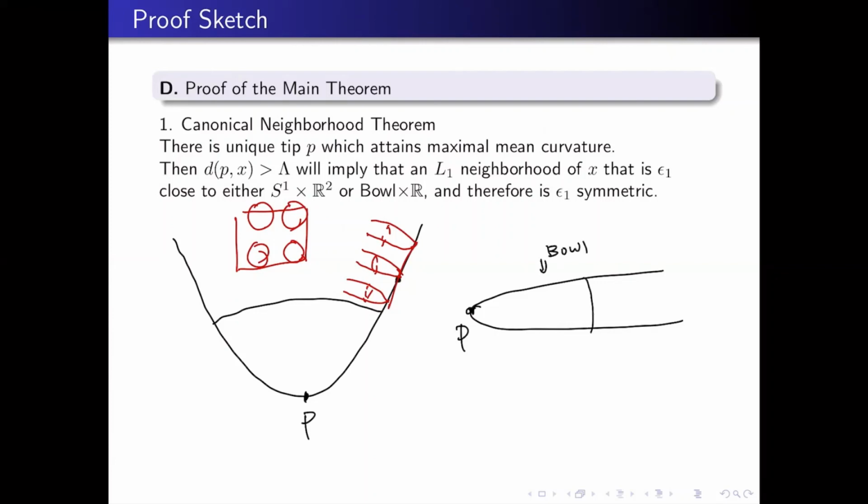But away from this compact set, it should look like a neck. So every point here has a neighborhood that looks like S1 cross R2, S2 cross R, Sn minus 1 cross R. That's what happens if we assume a better convexity.